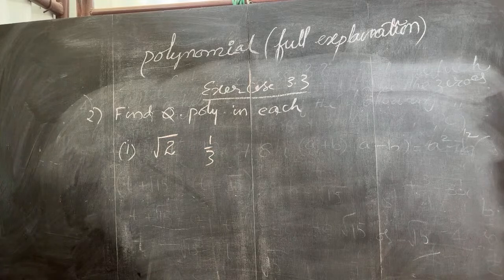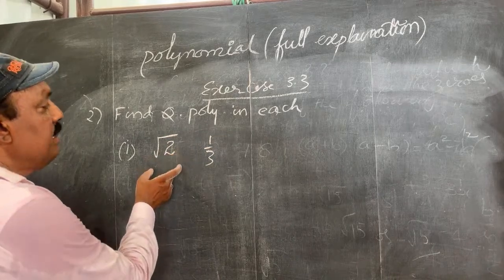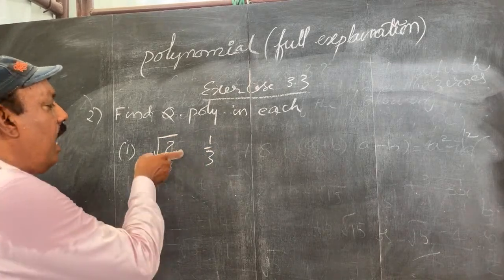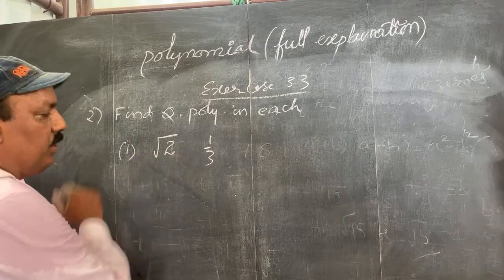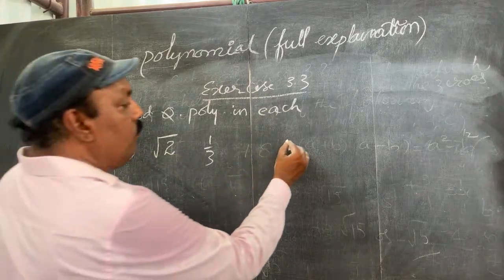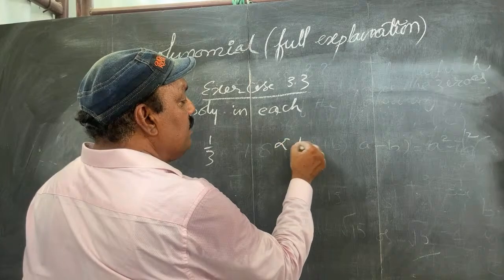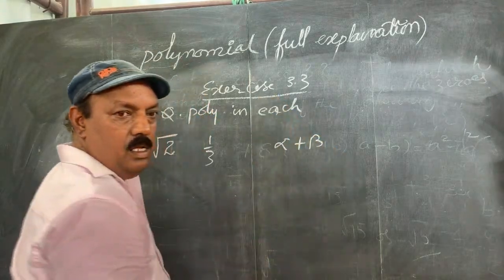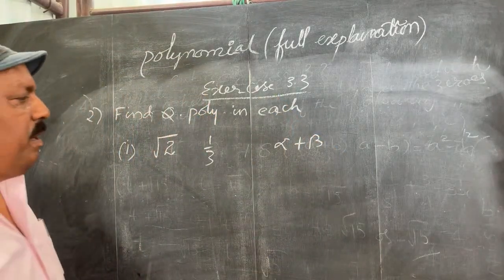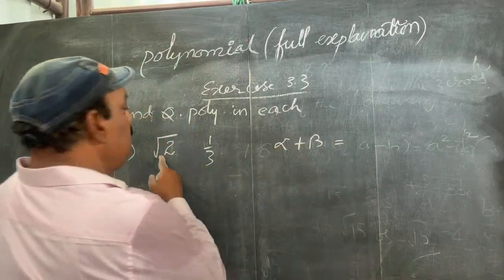In the second sum, he is saying the sum of the zeros. What is sum of the zeros? Alpha plus beta is called sum of the zeros. That means sum of the zeros is root 2.